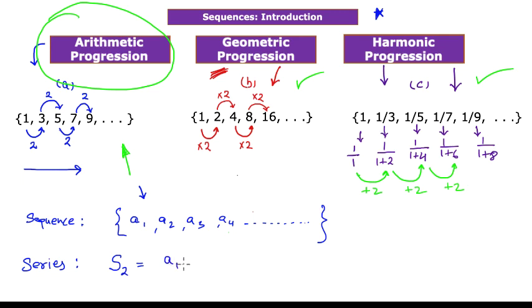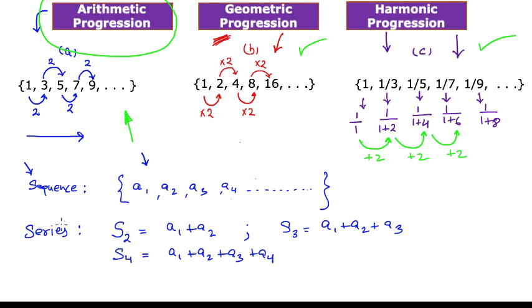So it will be written as A1 plus A2. Keeping the same sequence in mind, if I say S3, it is equal to the sum of the first 3 terms of that sequence. If I write S4, it is the sum of the first 4 terms. All right, just like what you see on the screen.